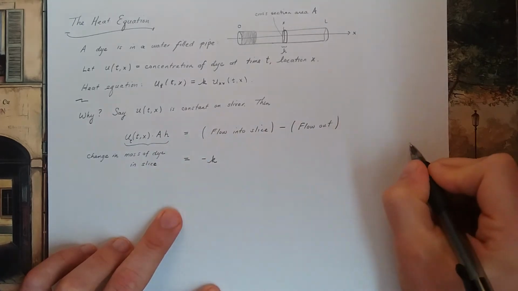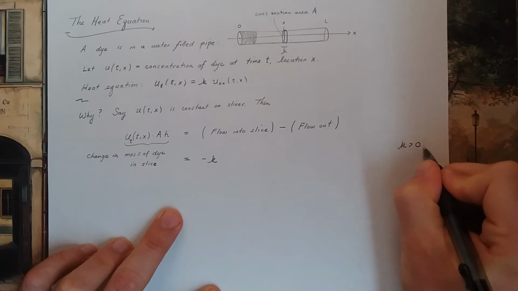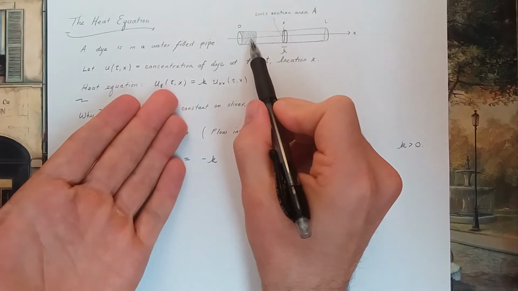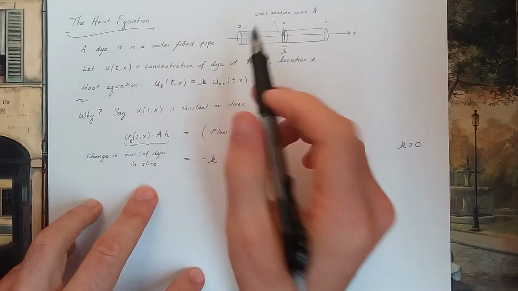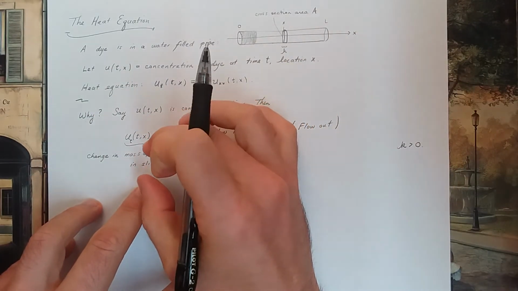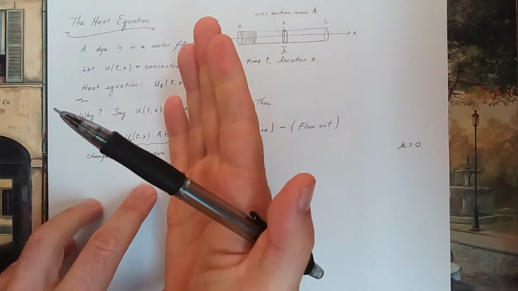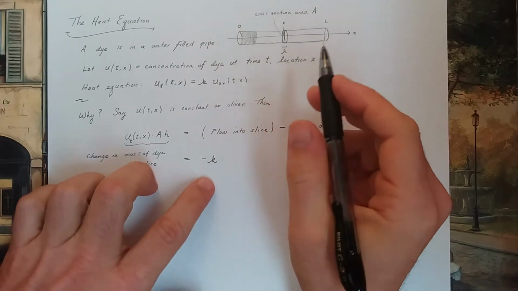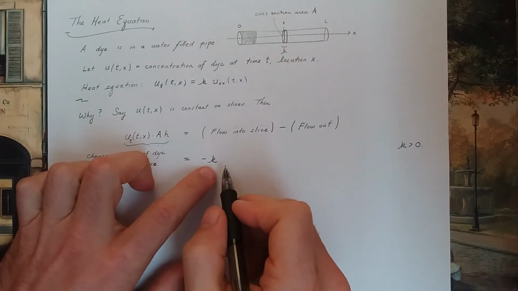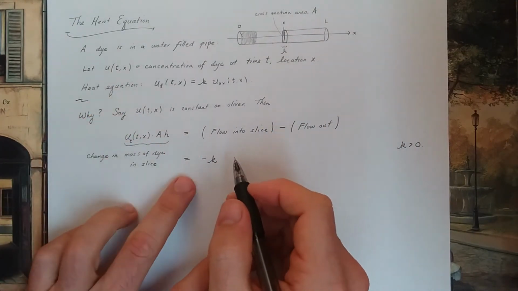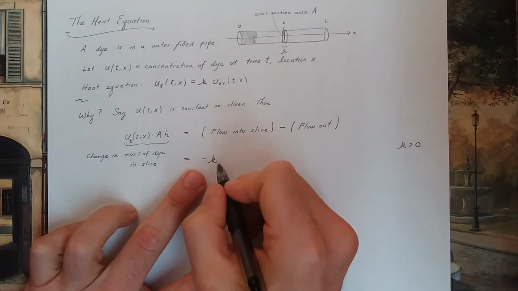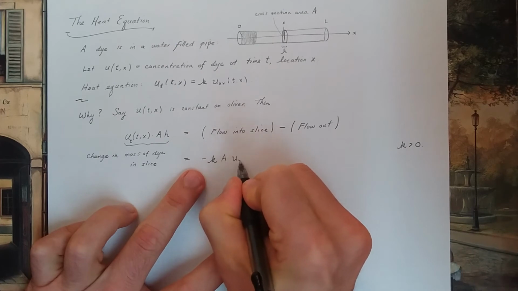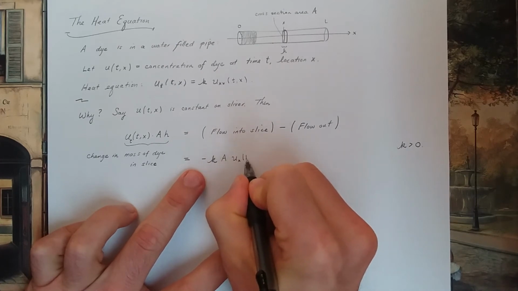Negative K, here K is just going to be some positive constant that depends on the property of the dye. If you're thinking about this as heat, maybe if you're heating up an aluminum tube, it'd be different than if you heated up a steel tube. So the K is just dependent on the properties of the material. So it's some positive constant times A times the partial derivative with respect to x of u(t,x).